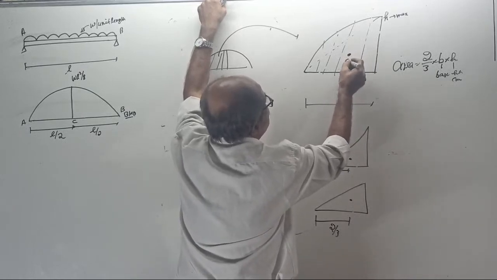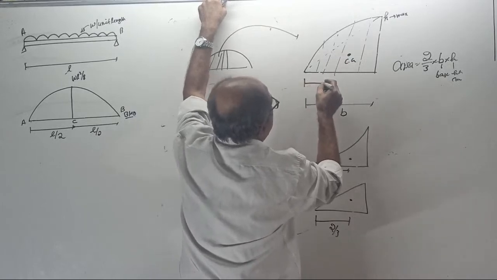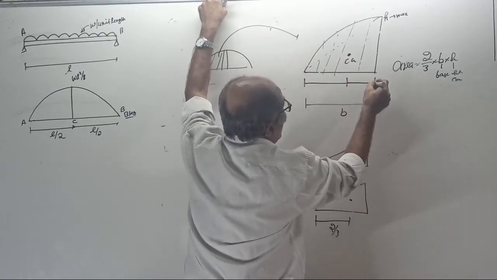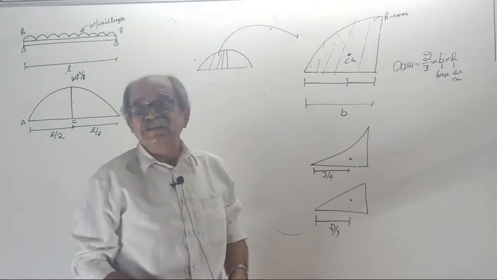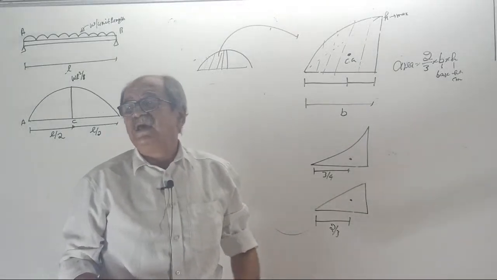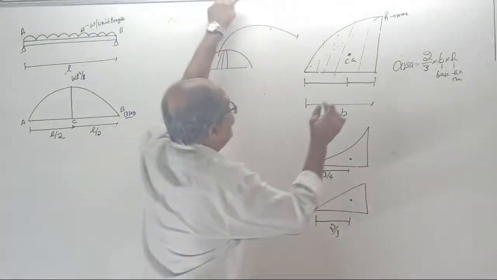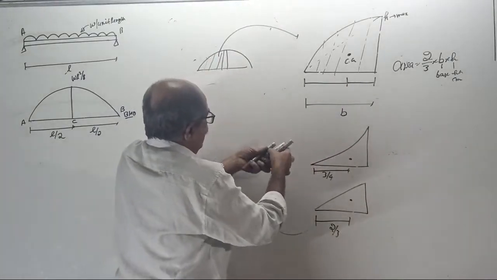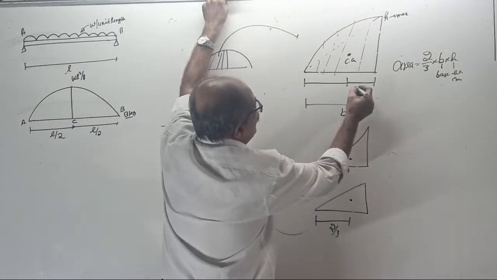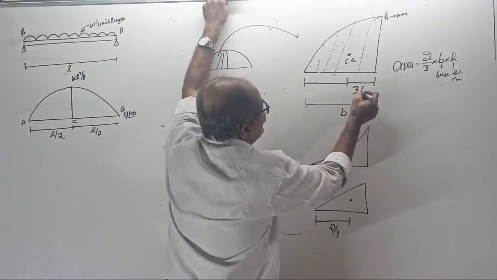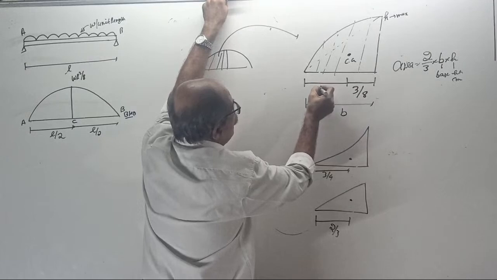This is the CG. Remember, from here and here, the formula is there. In the RCC class, limit state method, when I derived the stress block parameter, I told you that you have to remember this, no other way. So, this is 3/8. This is 5/8.